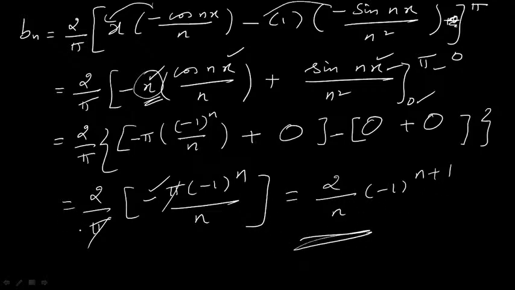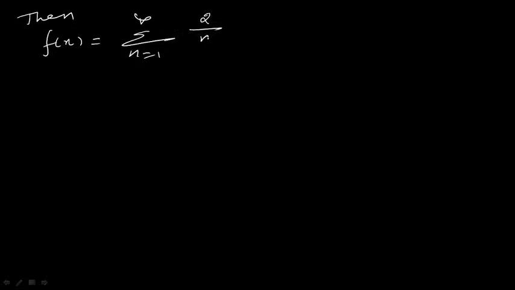So let me substitute in equation 1. Here f of x is equal to sigma n varies from 1 to infinity Bn sin nx, isn't it? So the value of Bn is 2 by n, minus 1 whole power n plus 1, sin nx.